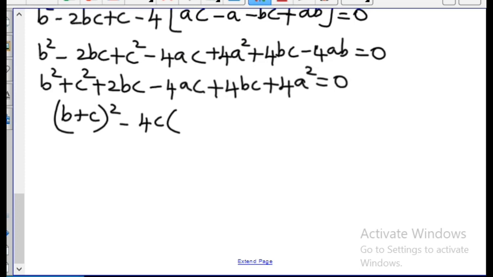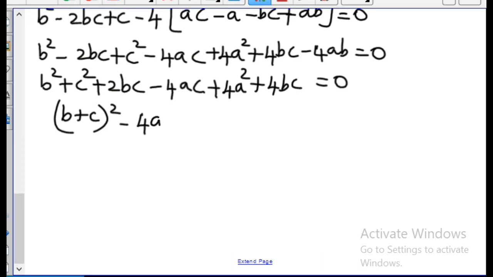We group it as 4a square plus 4bc. We group like this. Now take 4a outside.